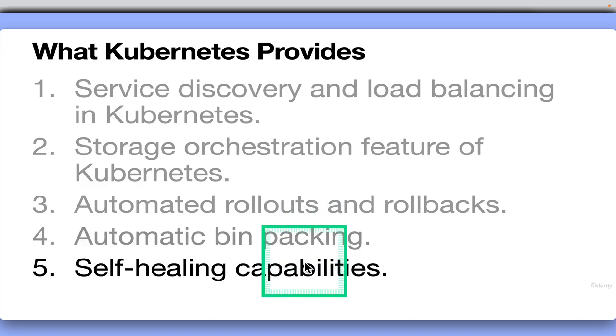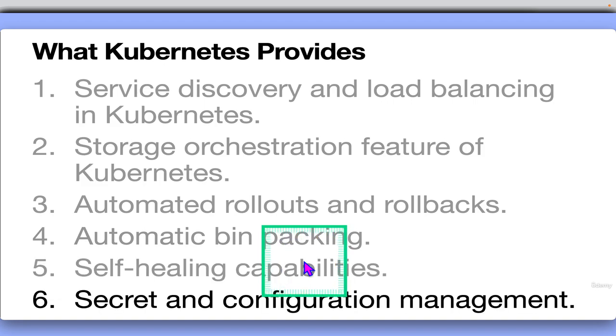Kubernetes has self-healing capabilities. It restarts containers that fail, replaces containers, kills containers that do not respond to your user-defined health check, and does not advertise them to clients until they are ready to serve traffic. Kubernetes lets you store and manage sensitive information such as passwords, OAuth tokens, and SSH keys.